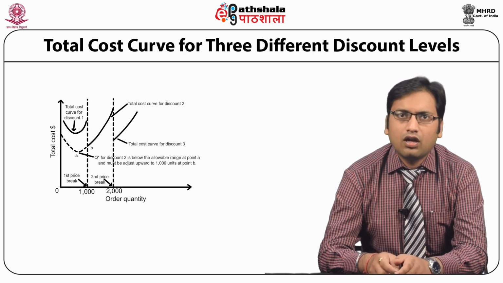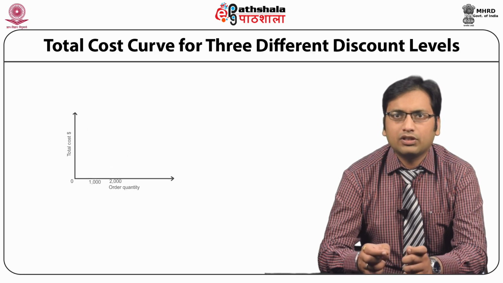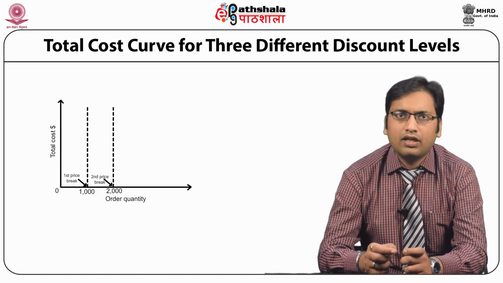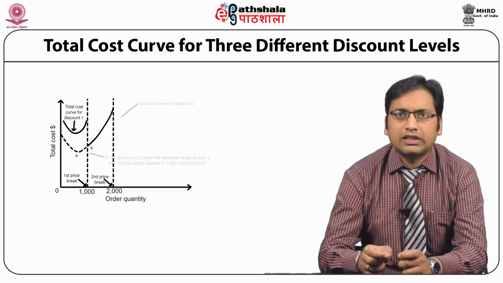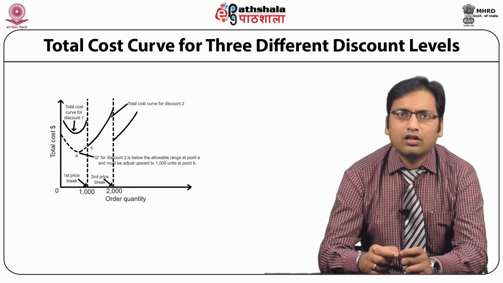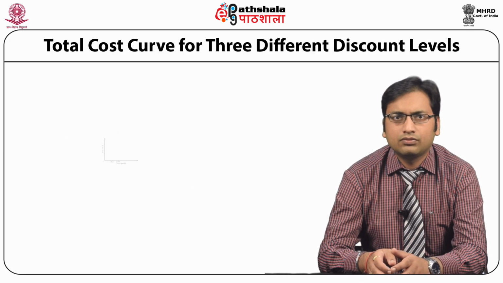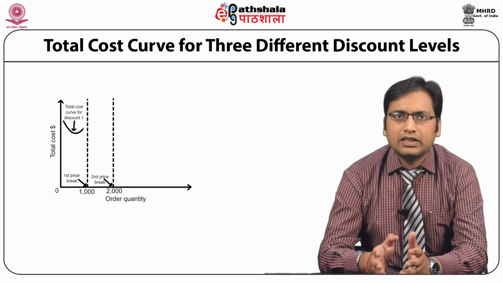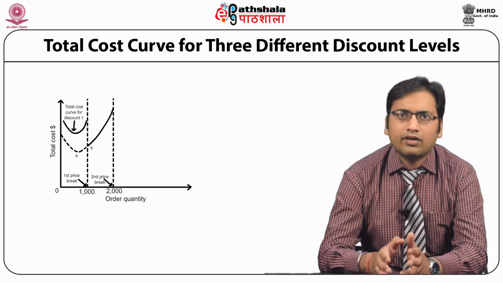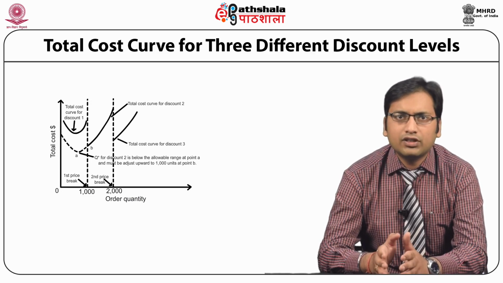First, 1000 units are being offered at rupees 10 per unit and yields first U-shaped total cost curve indicated by total cost curve for discount 1. The total cost curve drops down with increase in quantity and reduction in price per unit as shown by first price breakpoint at 1000 units.